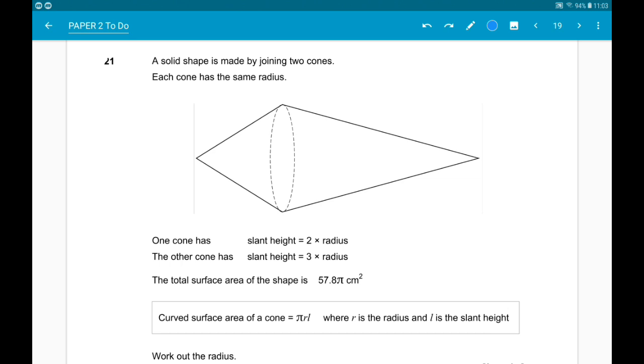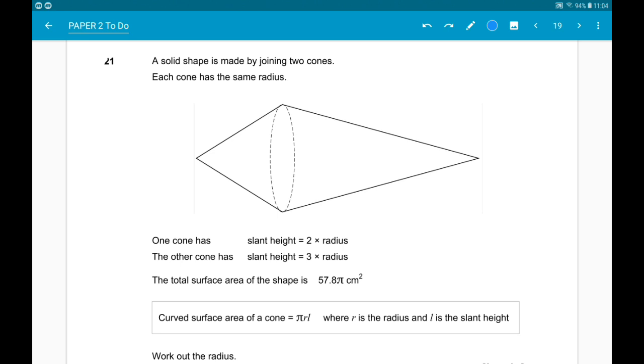We're told the surface area of the shape is 57.8 pi centimeters squared. We're told the curved surface area of a cone is pi RL, where L is the slant height. Our job is to work out the radius.